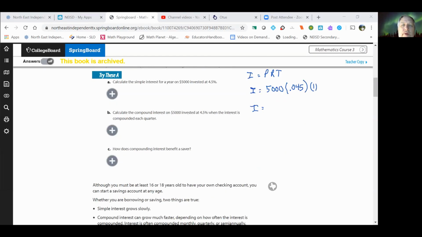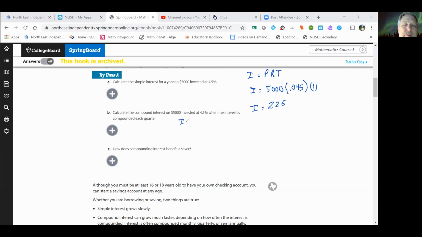Now we're going to calculate the compound interest on $5,000 invested at 4.5% when the interest is compounded each quarter. So remember, the way we do that is we find the annual interest divided by 4, but we do that at each quarter. We start off with the simple interest.